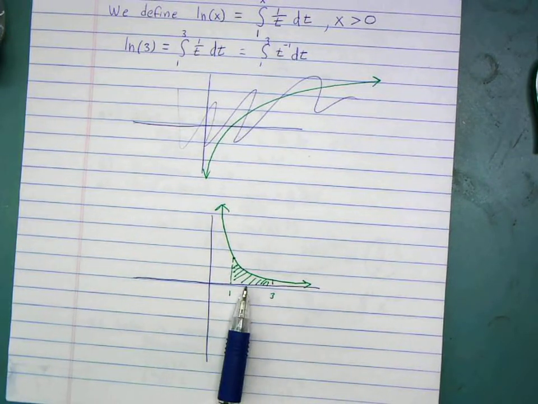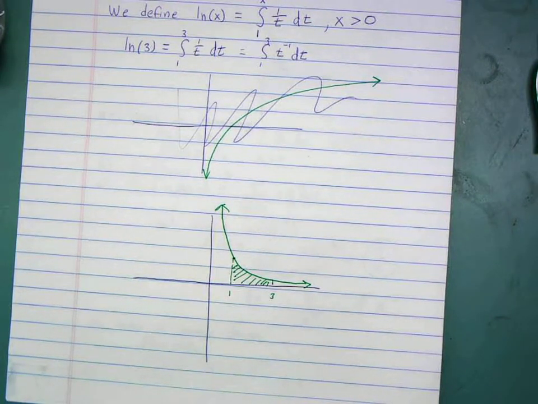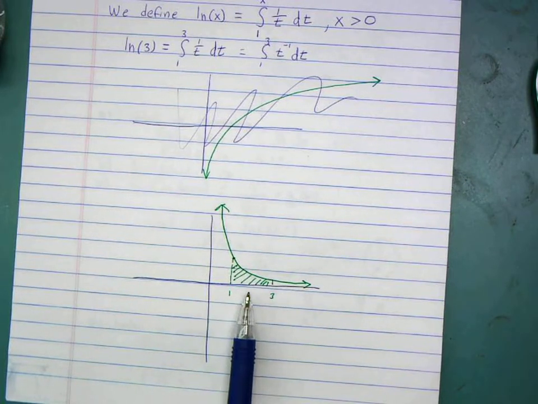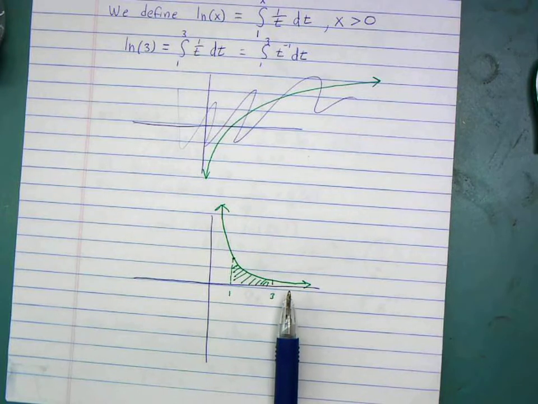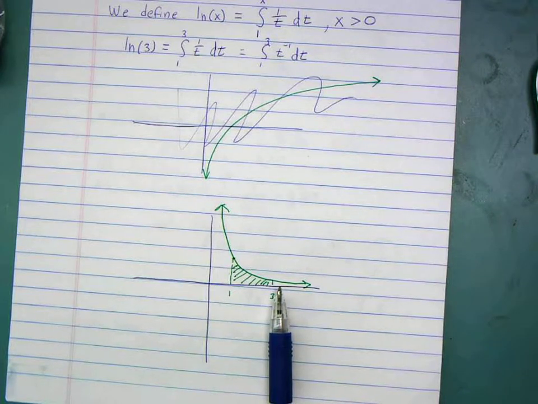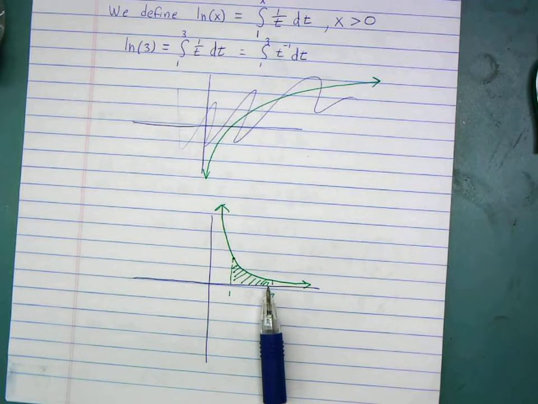But I'm claiming I can get any positive number. I'm claiming that if I plug in the right number, I can get ln of something to be 5,000. Are you convinced of that? That I can get a big number like 5,000 to be my y number? How would I do that? I would have to pick a very large x number.